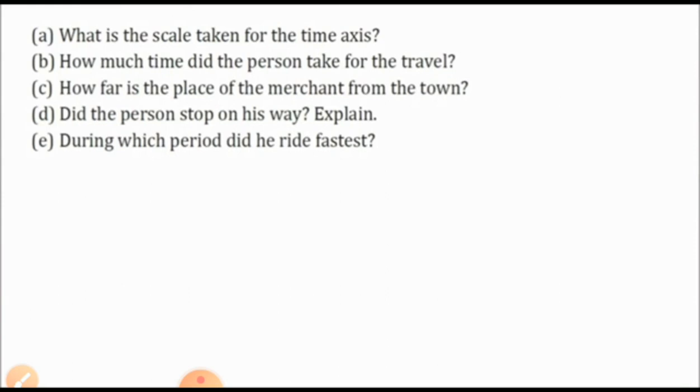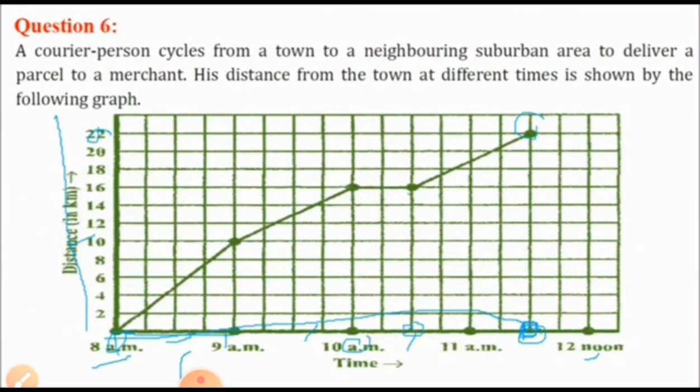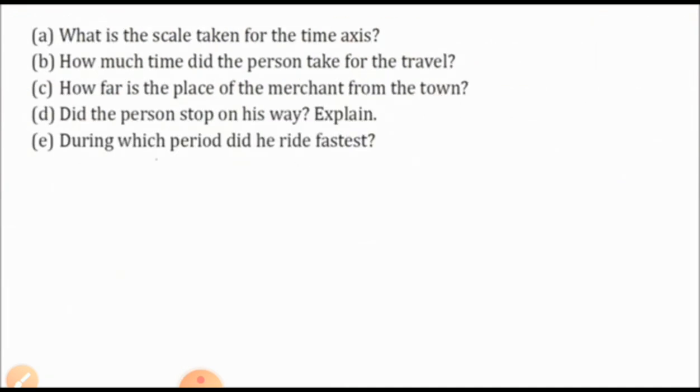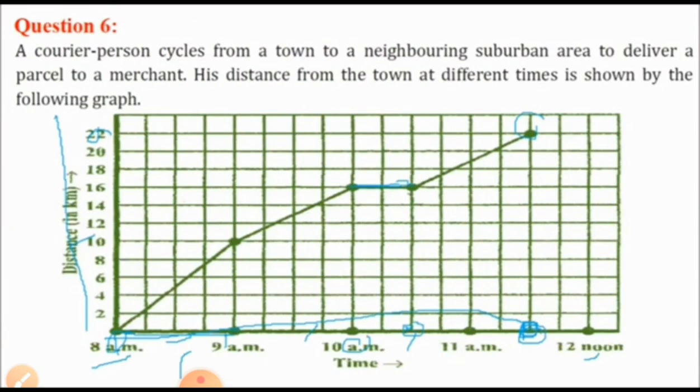See the answers, my dear students. You can see the 1 by 1 hours, and in between that we can find that each centimeter shows 15 minutes. 15 minutes, 30 minutes, then 45 minutes, and at last 60 minutes. And 60 minutes means 1 hour.